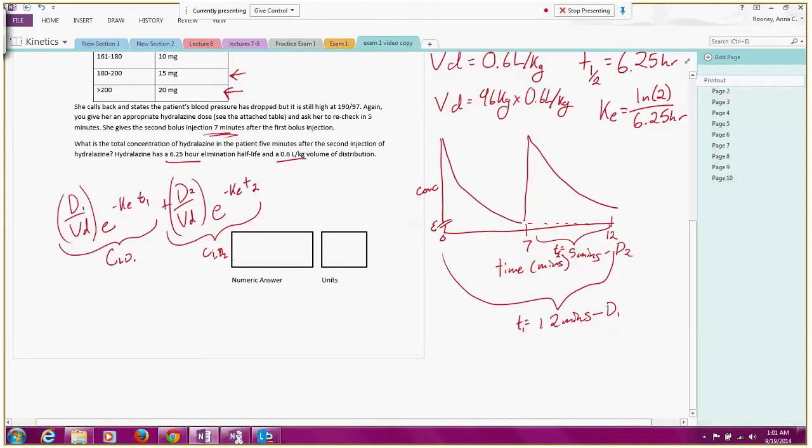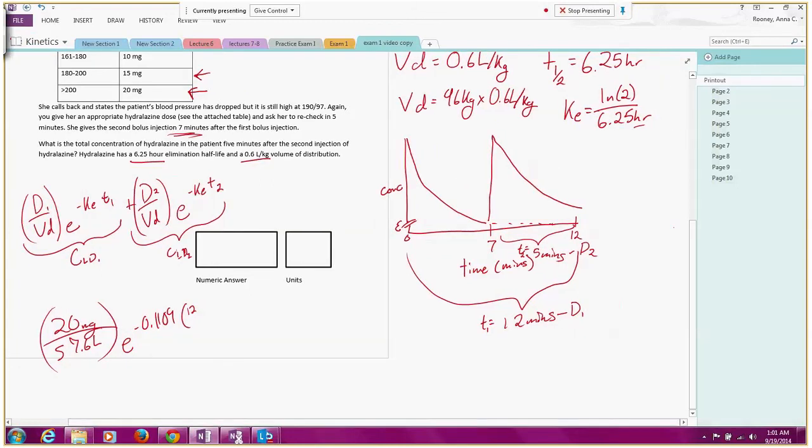So let me write this out. Our first dose that we gave them was 20 milligrams, and our volume of distribution for this particular patient, and then our rate of elimination for this drug. And then the time. For dose 1, it's going to be 12 minutes, but the issue is that our rate of elimination is in hours.